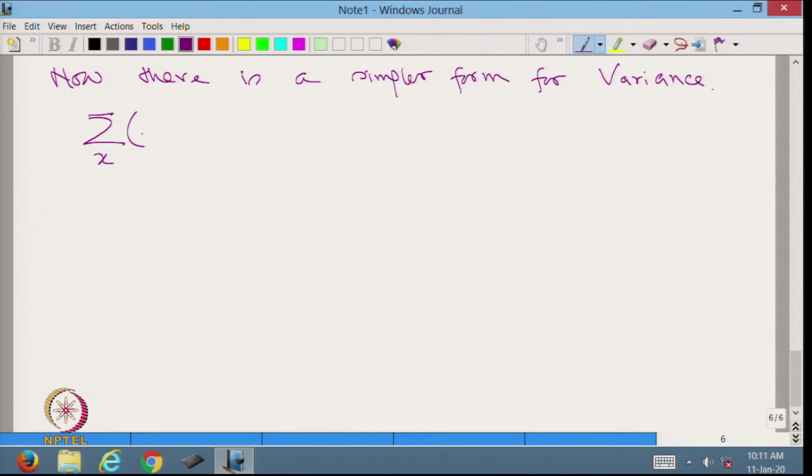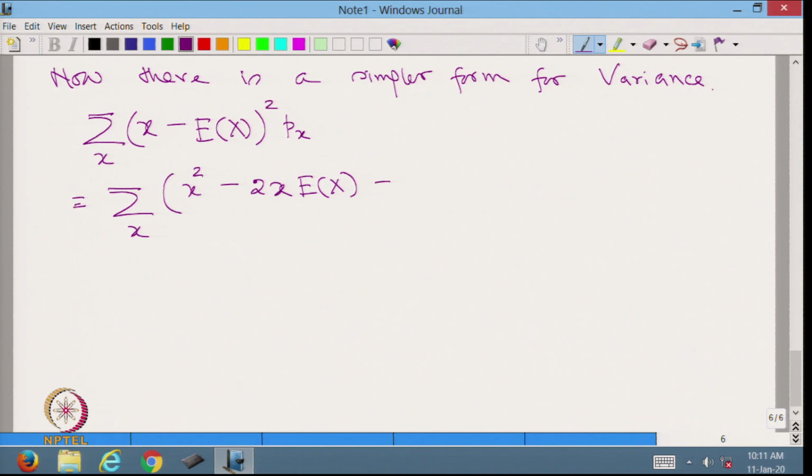Sigma over x of (x minus expected value of X) whole square p(x), we can write it as sigma over x of (x square minus 2x times expected value of X plus expected value of X whole square) times p(x).